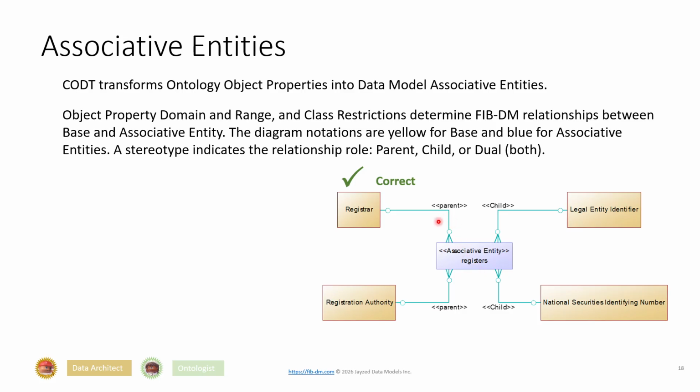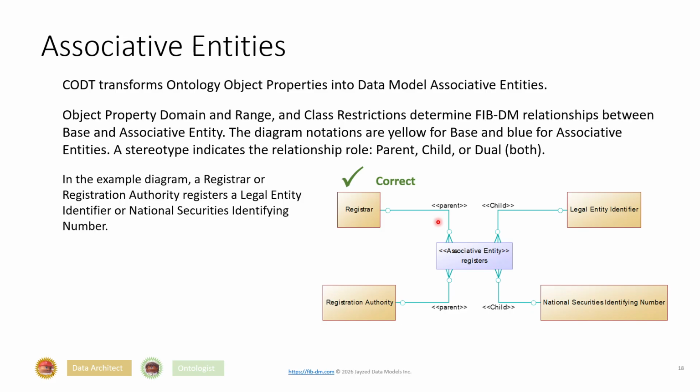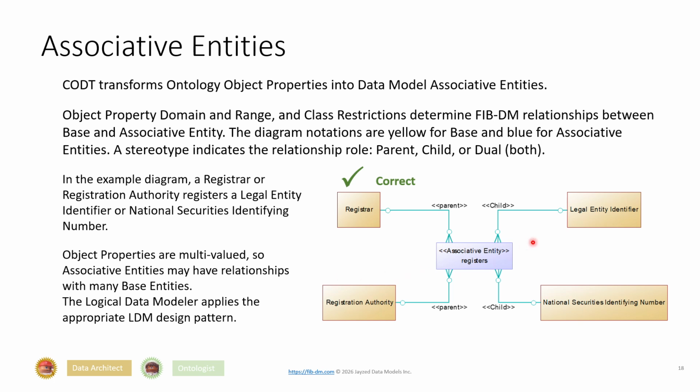And the stereotype on the relationship line indicates the role, whether it's a parent, a child, or both ways dual. And here in our example, a registrar or registration authority, parent, registers, child, legal entity or a national securities identifying number. And in most cases, a class restriction on the child entity would tell us which is the parent registering it.